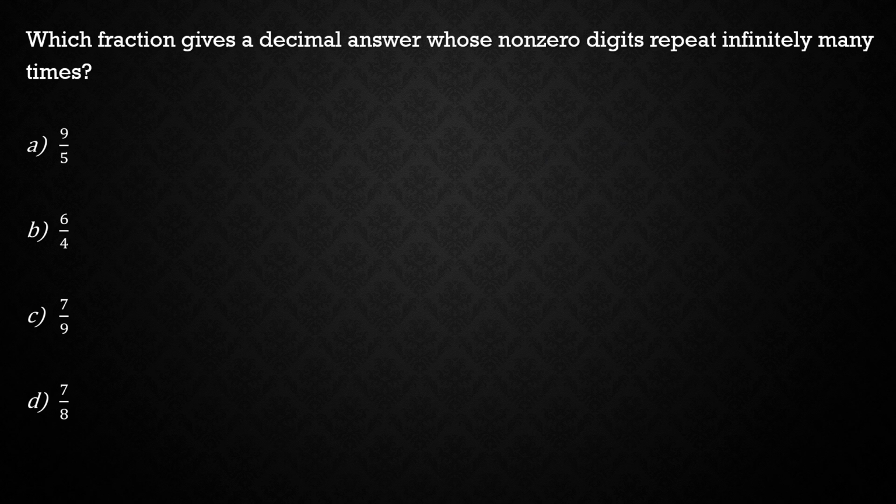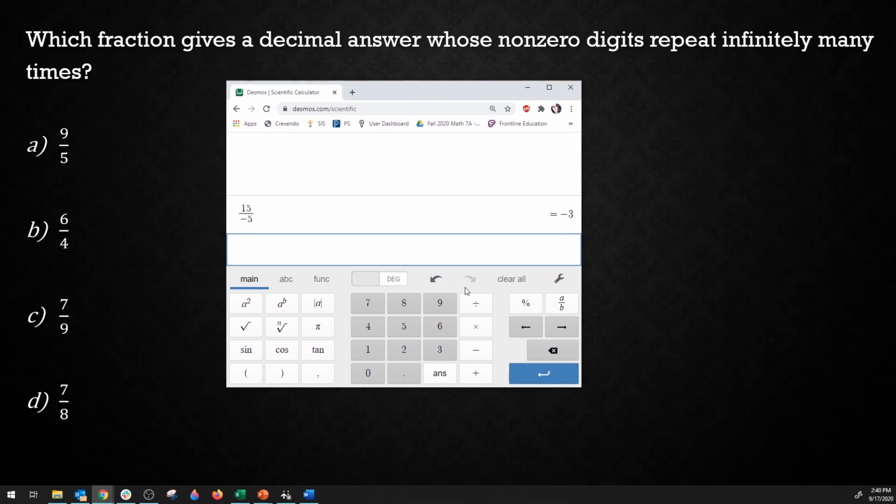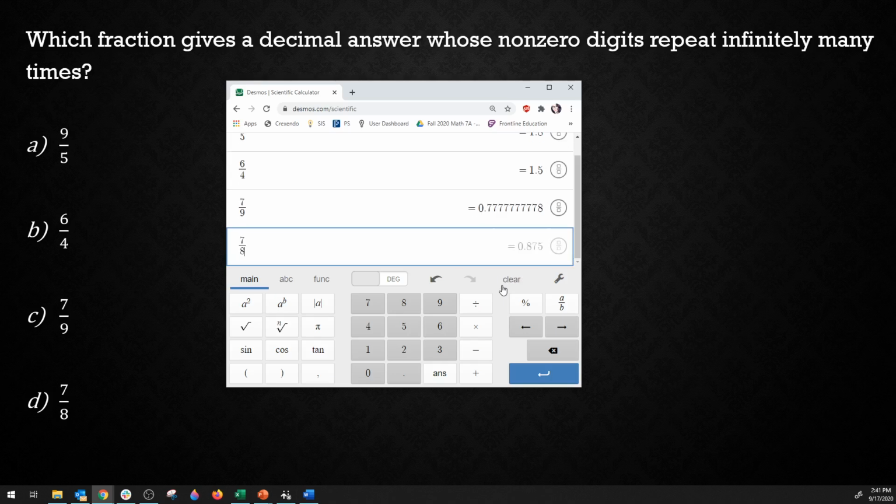Next one says, which fraction gives a decimal whose non-zero digits repeat infinitely many times? Essentially what this question is asking is, which one of these fractions is going to give me a repeating decimal that goes on forever? And the way to do that is just to type them all in and see which ones do that.